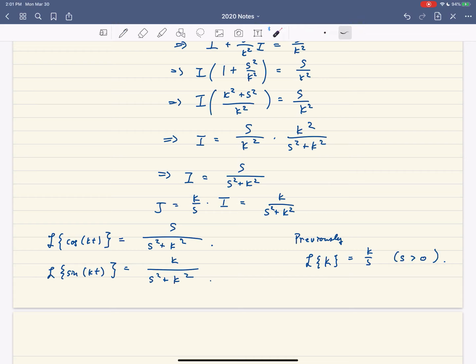Okay, so now we have three functions on our list. The more functions we have on our list, the more useful the method of Laplace transforms is going to be. So we're going to spend some time working on finding Laplace transforms of a few more functions. And then once we have a few more functions under our belt, we'll go back and talk about some applications to differential equations.